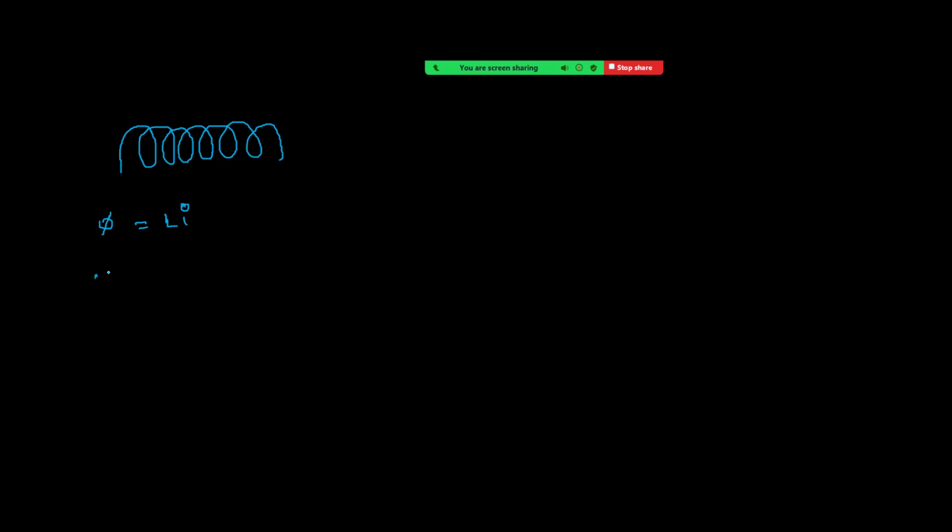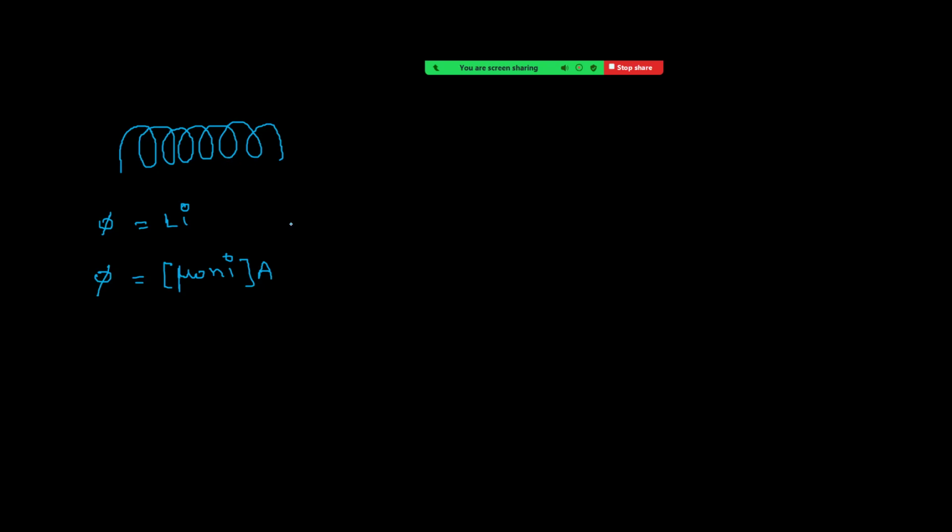So to calculate flux, phi equal to, you see, the magnetic field inside a long solenoid is mu naught n i, right? This field into the cross-section area A of the solenoid is the flux linked with one coil, or you can say one turn.